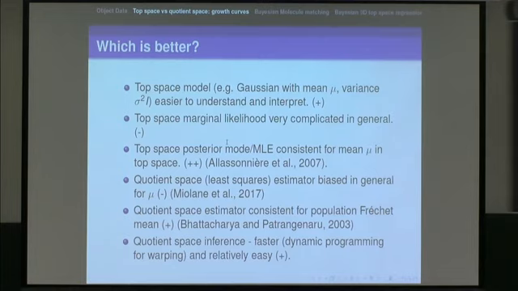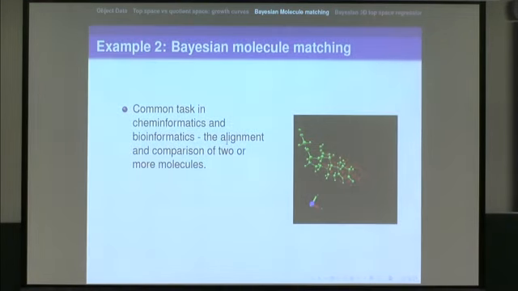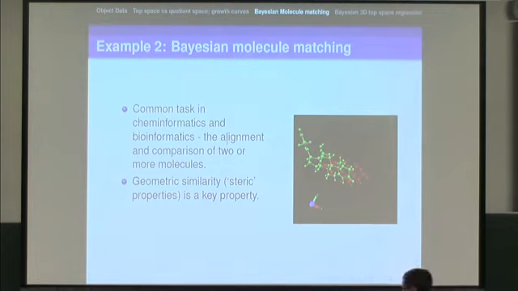I'm very briefly going to tell you something about the other examples. So Bayesian molecule matching, it's a very common task to want to match molecules, and it's actually surprisingly difficult. Its shape is a key property of molecules. It really determines their function and what they do.